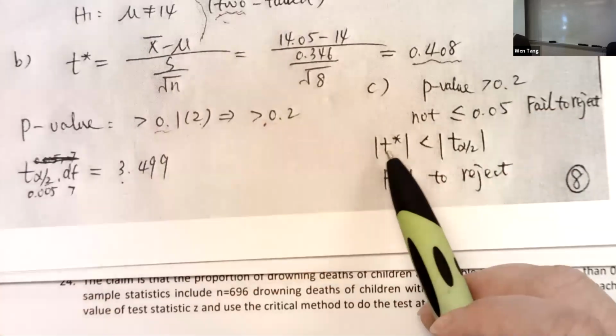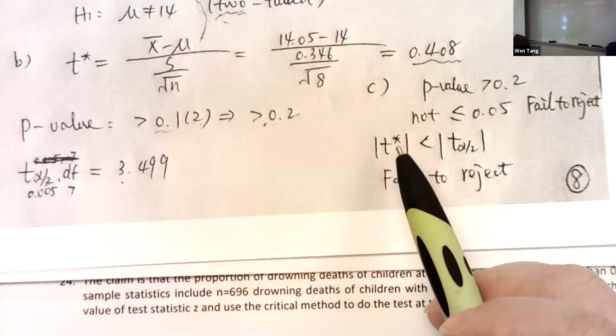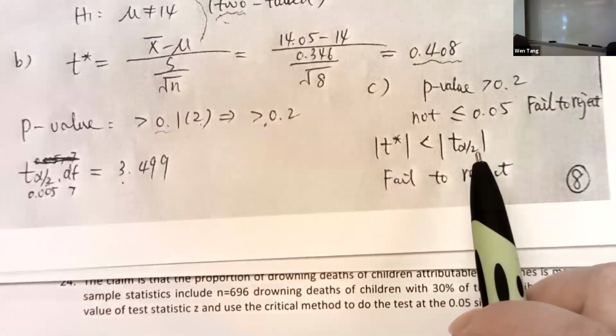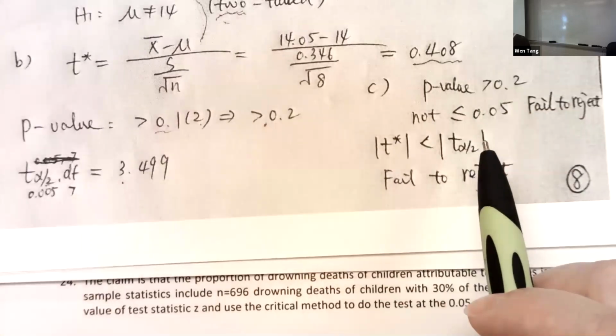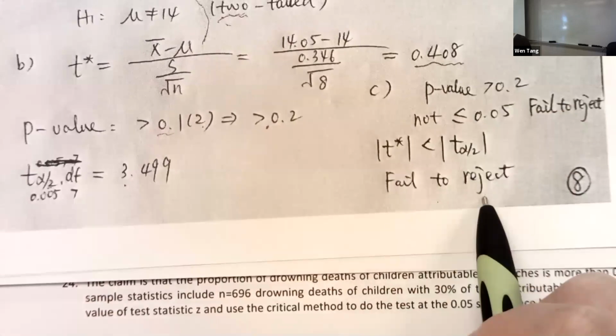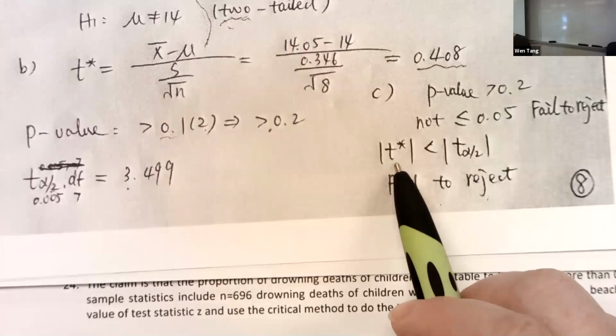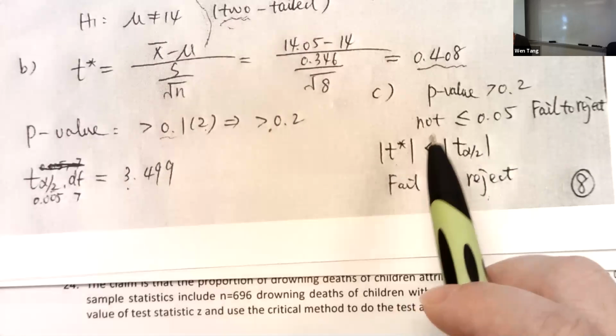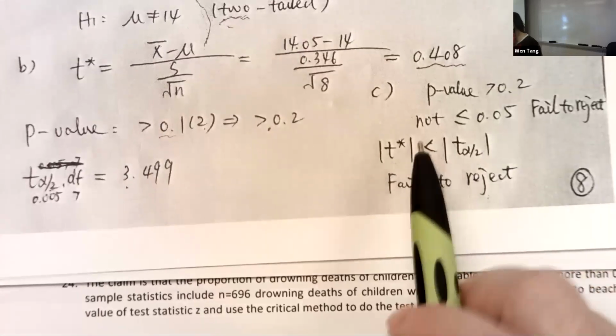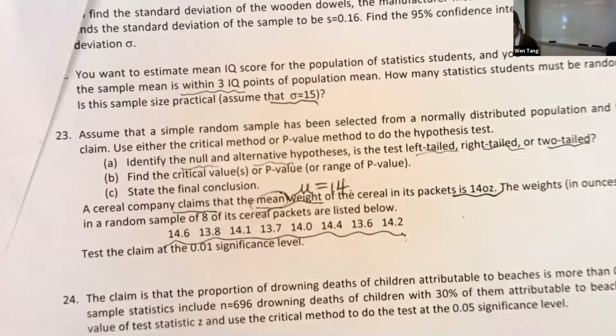The absolute value of the test statistic is less than the absolute value of the critical value, then we will say fail to reject, which means this does not fall in the reject region. Again, you could always use the p-value method or the critical value method. These two methods are equivalent to each other.